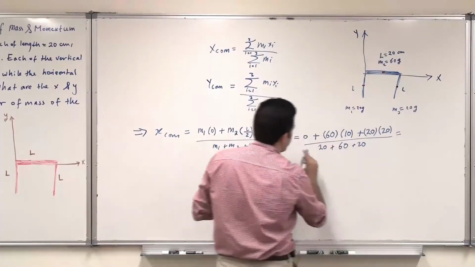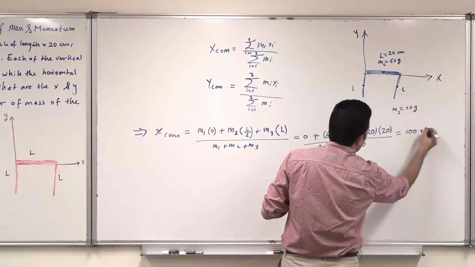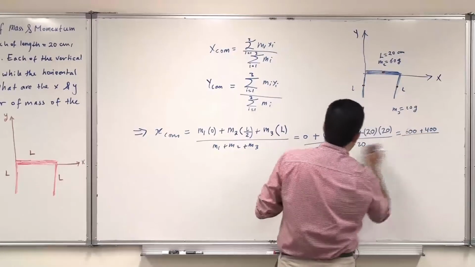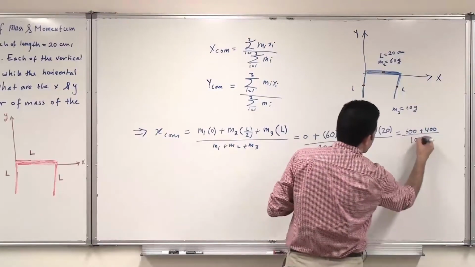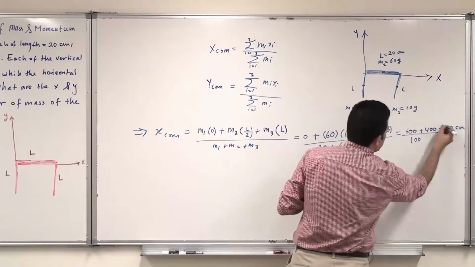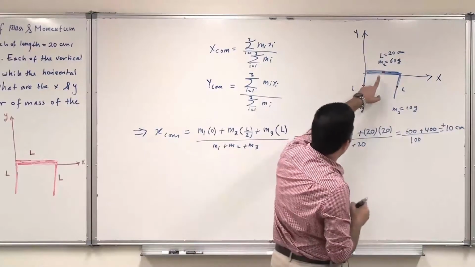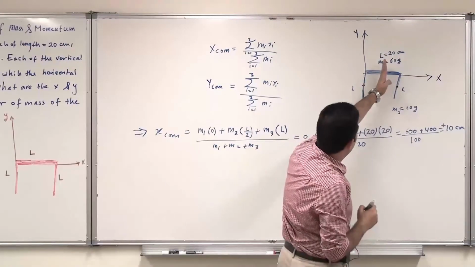This gives 600 plus 400 divided by 100, which is 10 centimeters. So the x center of mass will be located at x equals 10 centimeters.